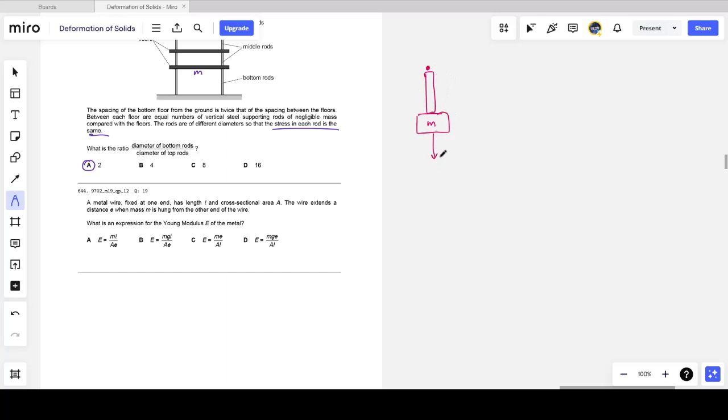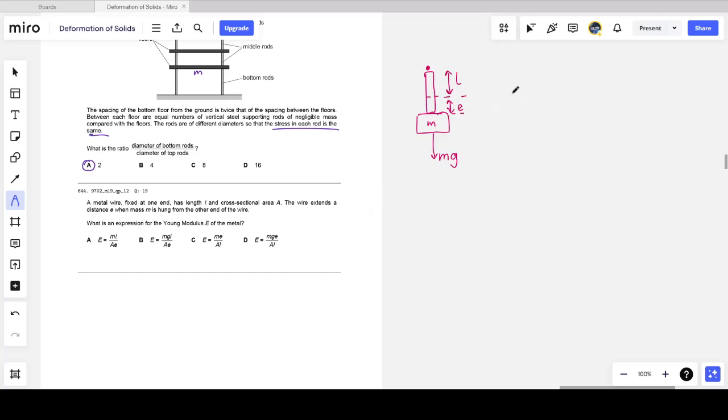There's obviously the weight of this mass causing an extension. The metal had an original length of L, but because it's being extended by the mass hung at the end of it, the extension is little e.